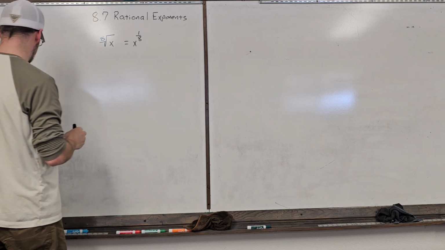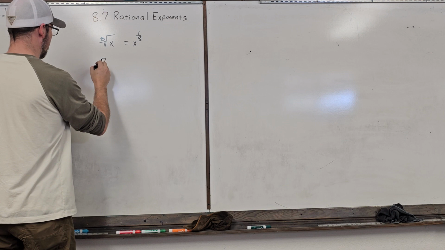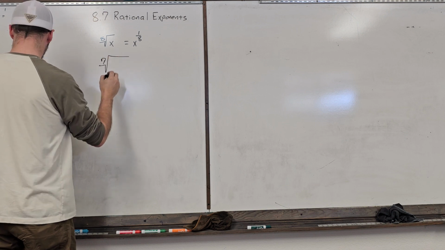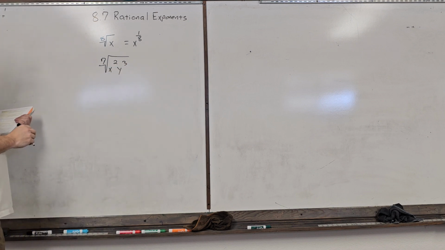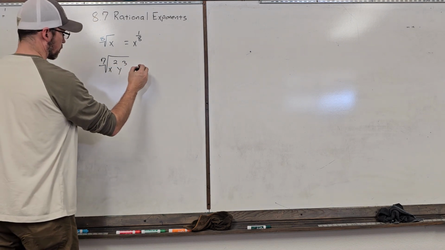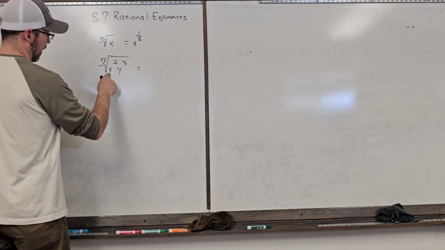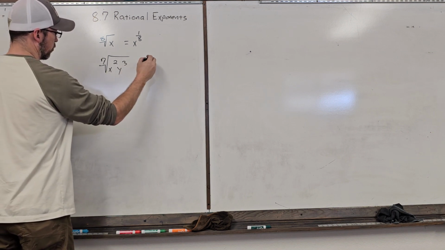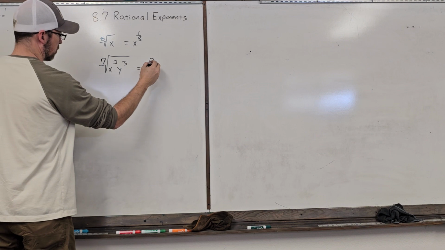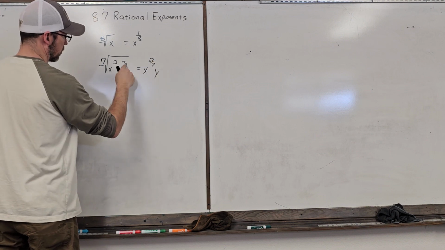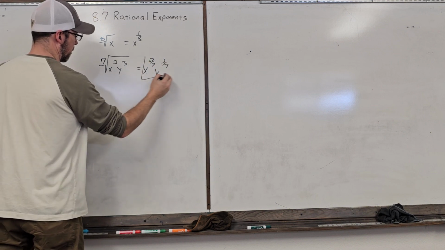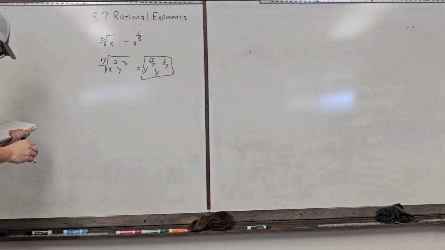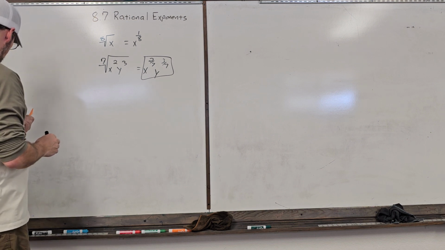Now what if we have the 7th root of x squared y cubed, and it wants us to write it as a rational exponent? That would be x to the 2 over 7, y to the 3 over 7. That's as far as we can take that one.